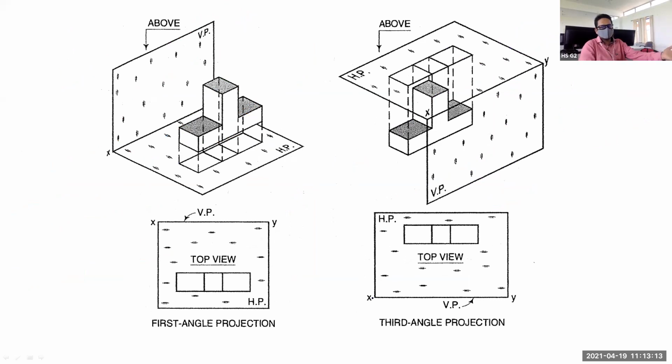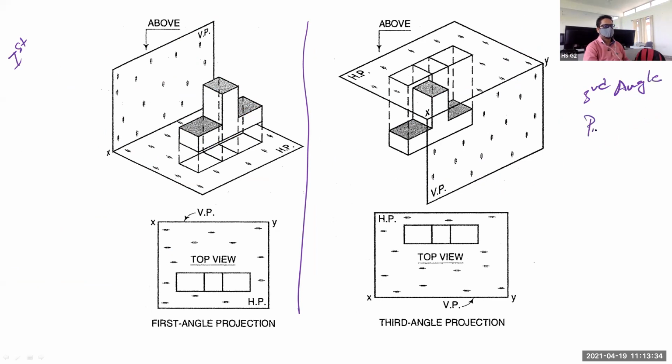Here in the previous slide, we have seen how the front view was drawn. In this figure, you can see the top view is drawn. Same on the left hand side, you have first angle projection, and on the right hand side, you have third angle projection. So the thing that you can observe here, that again, this object is placed in first quadrant.